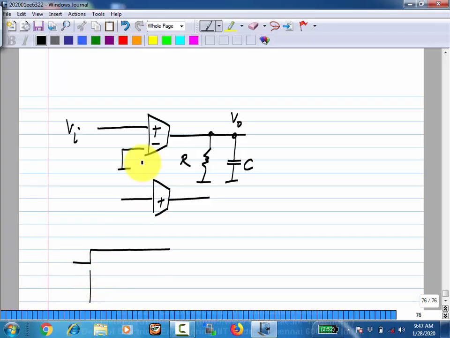It will do that and eventually reach basically GMR times Vi. Now if GMR times Vi gets close to the supply rails, I am assuming a linear equivalent circuit; when it reaches saturation it will just get saturated. Is this fine?